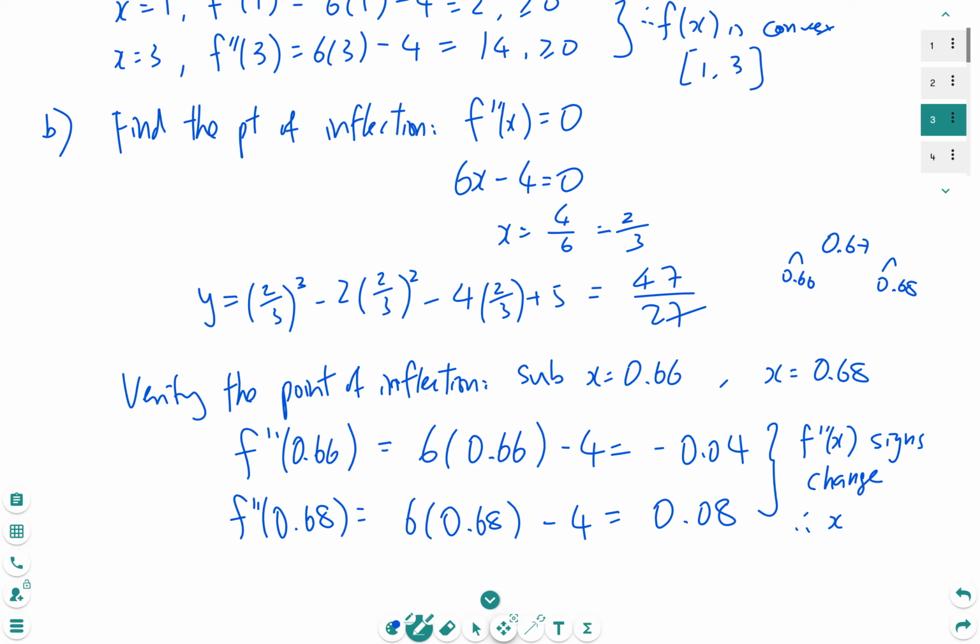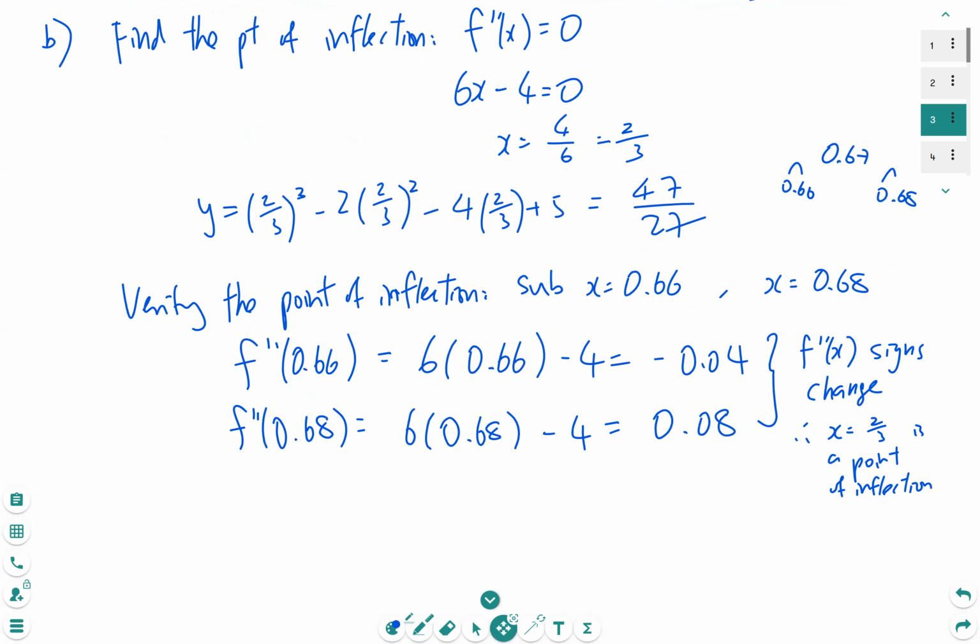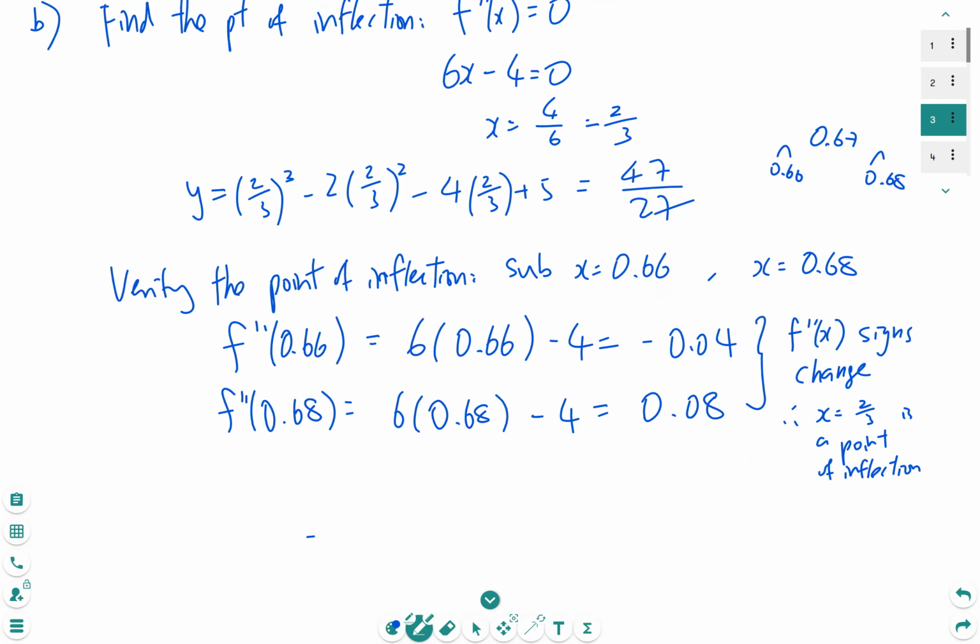Therefore, x equals 2/3 is a point of inflection. You do need to verify that. So the final point is 2/3, 47 over 27. You might be given more than one point, so you have to decide which one is the point of inflection, by doing before and after, then you can check if the sign changes.